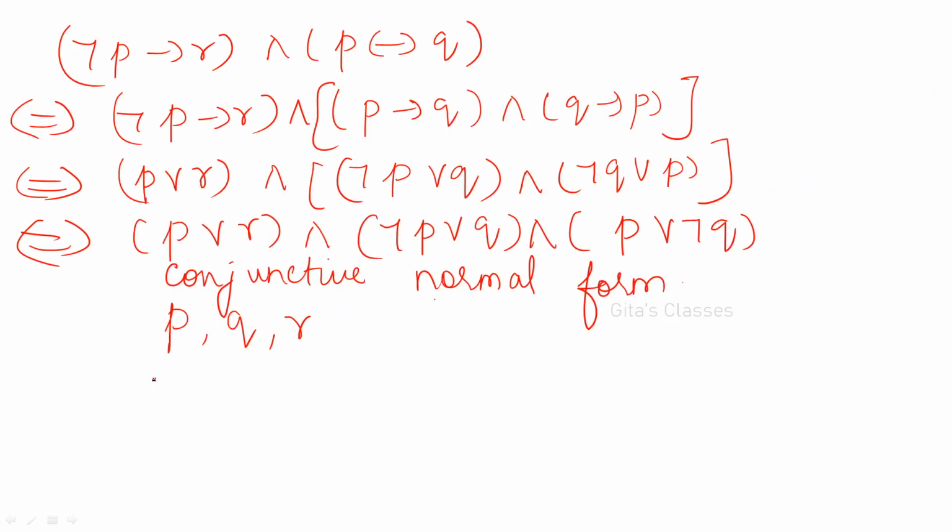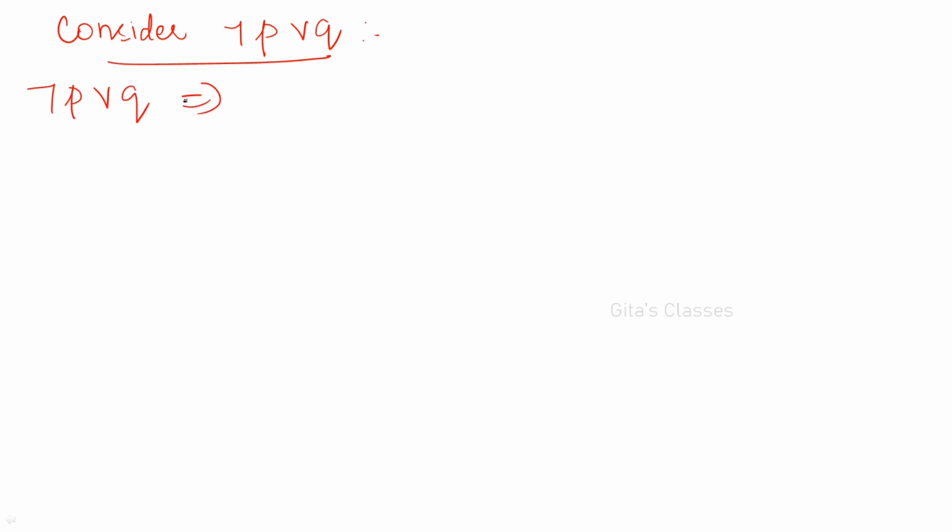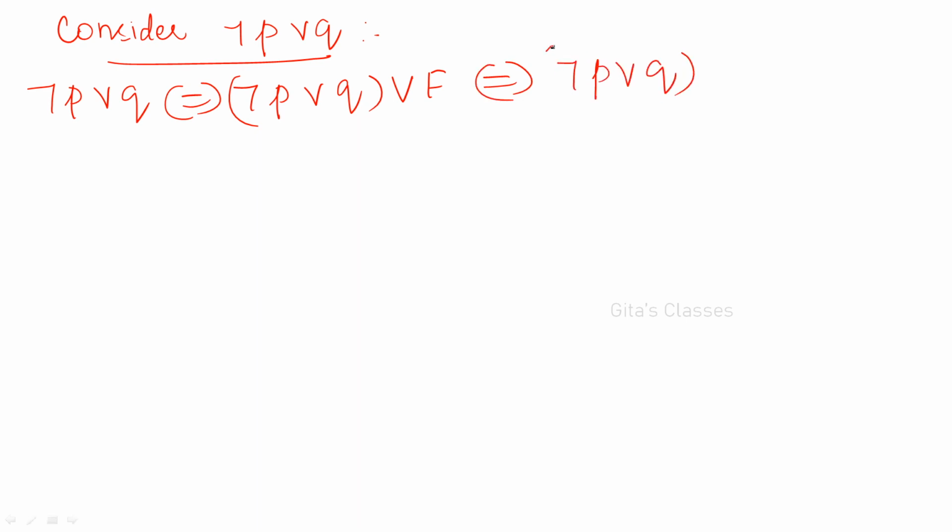Now consider the second term. What is the first term? P∨R∨R. This we have completed. Next, not P∨R∨Q. Let us consider not P∨R∨Q. Which is missing? R is missing. So not P∨R∨Q∨R∨F, which is equivalent to not P∨R∨Q, and R is missing.